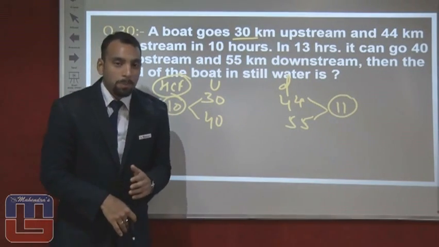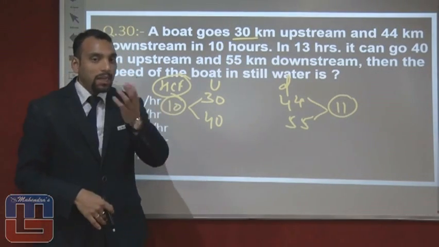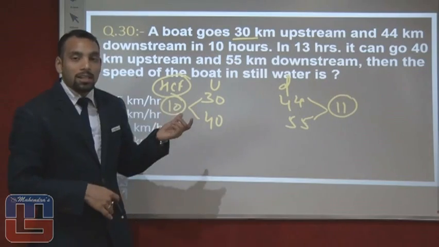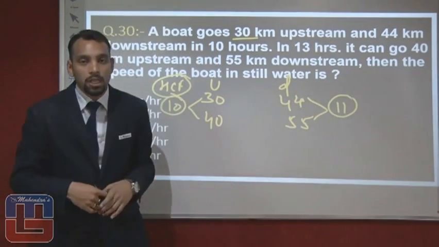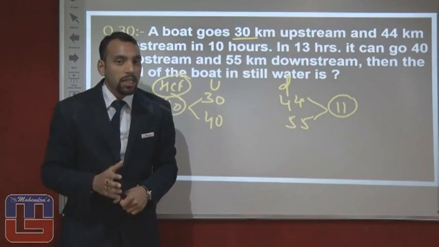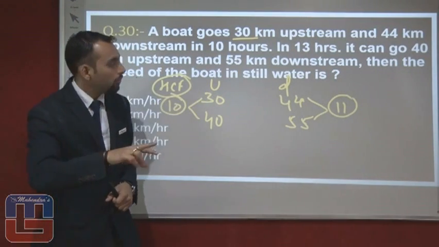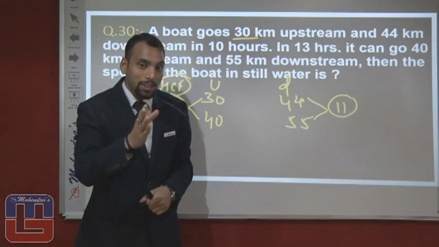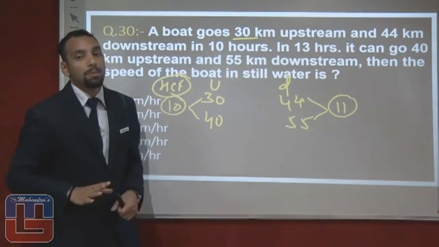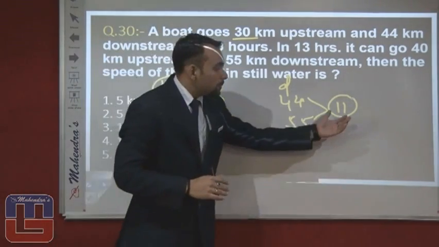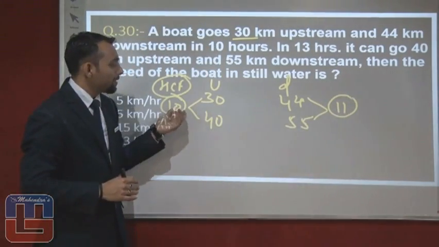Now we can assume this 10 is the speed of upstream and this 11 is the speed of downstream, as we already discussed. The speed in downstream is always greater than the speed in upstream. If downstream speed is 11, upstream speed is 10.